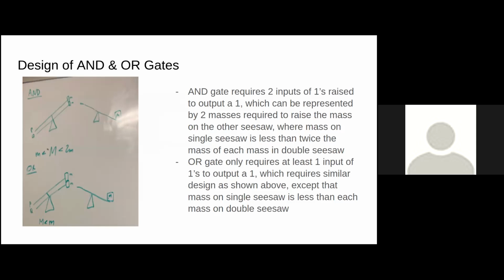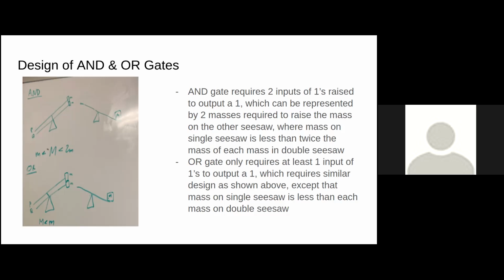For an AND gate, both inputs had to be ones for the last one to be raised, so we made the final mass greater than the sum of both masses of the first seesaw, but smaller than both of these masses combined, yet bigger than each of these masses individually. That way, if I raised one of them, it would not raise the final output. But if I raised both of them, it would.